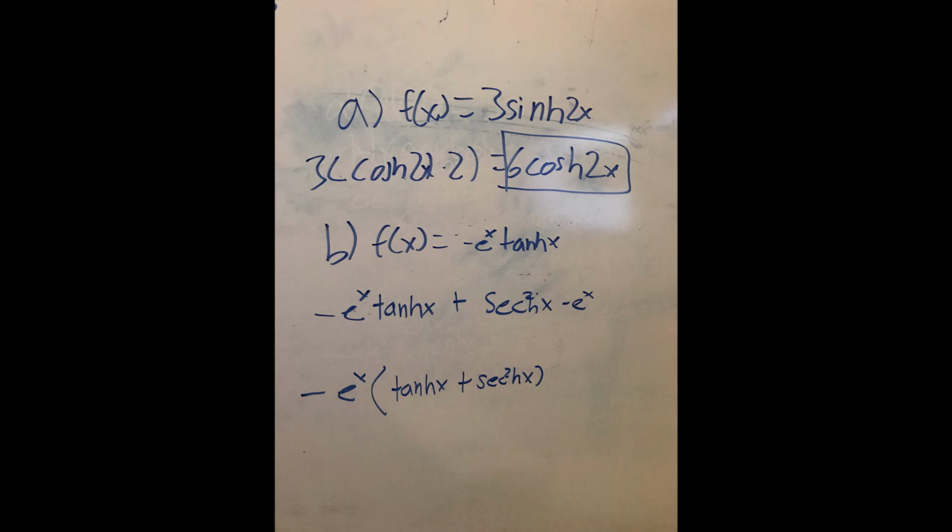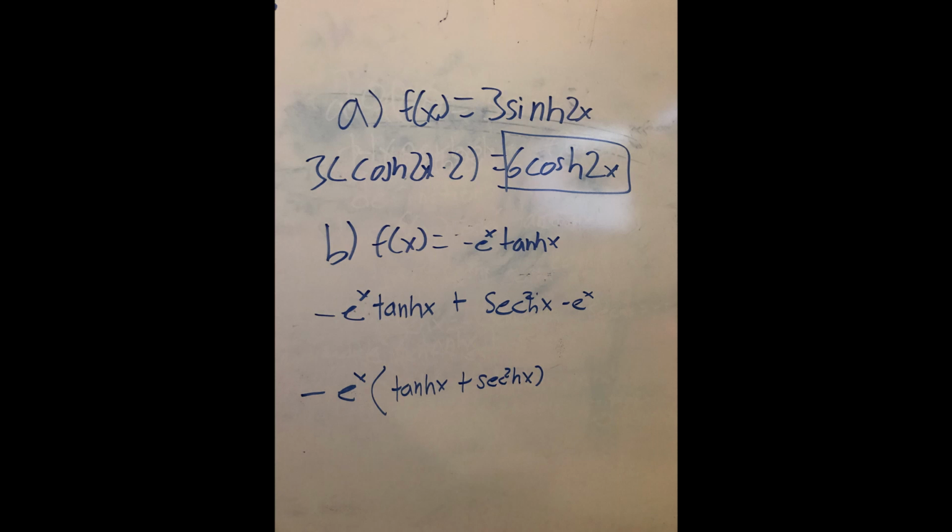Then we do the derivative of sinh, so we have cosh of 2x. And then we have to do the derivative of the inside, which gives us times 2. So our answer should be 6 cosh 2x. That's problem number A here.